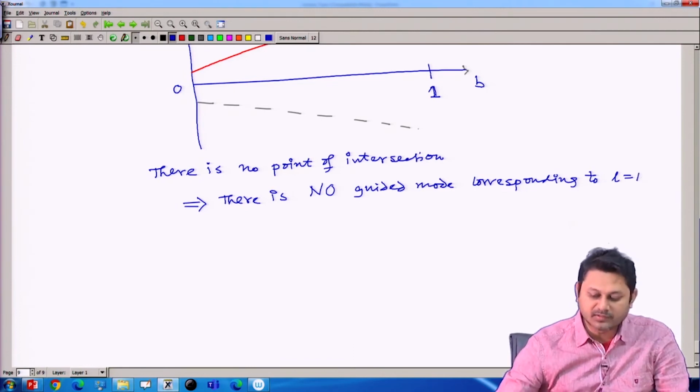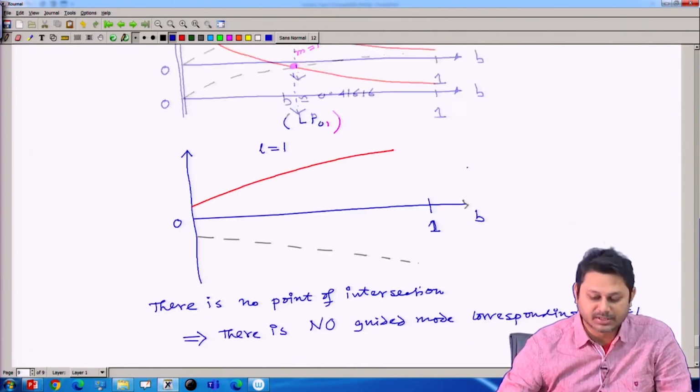So, for L equal to 1, there is no guided mode because there is no solution at all for beta.